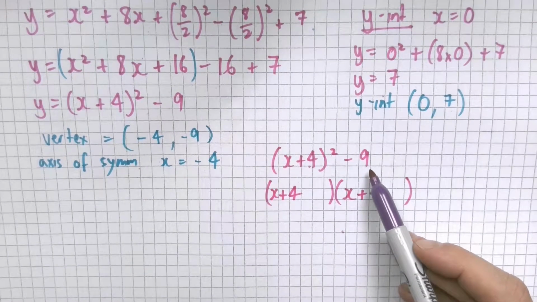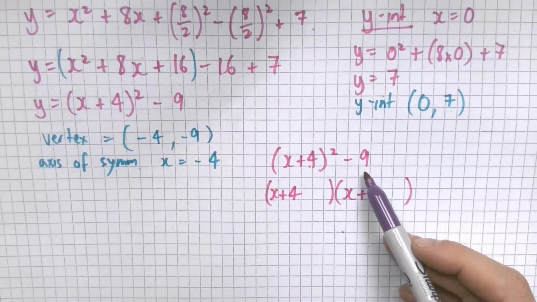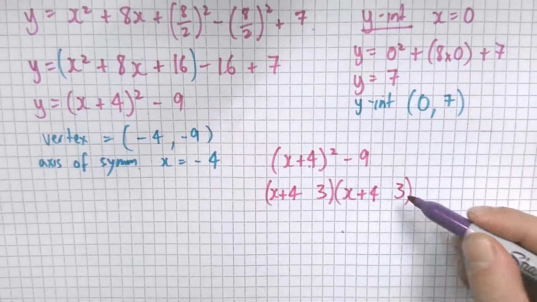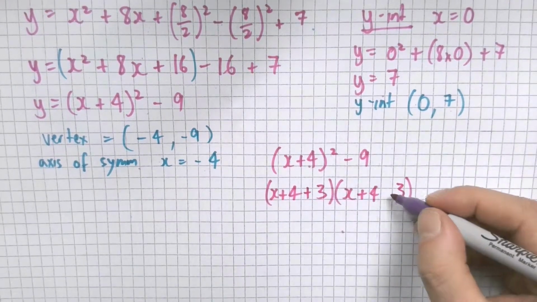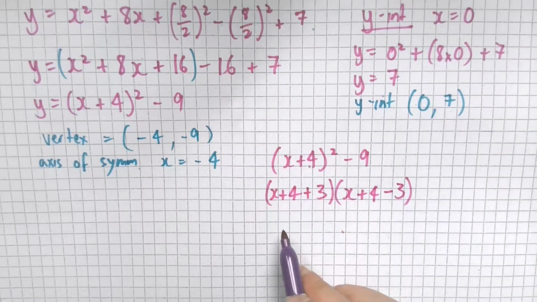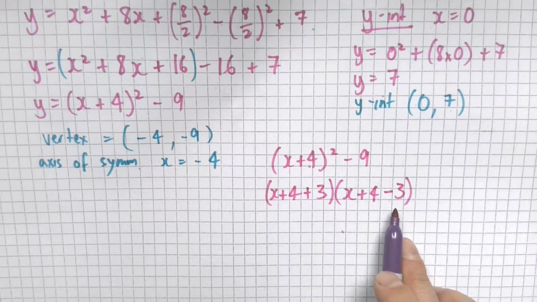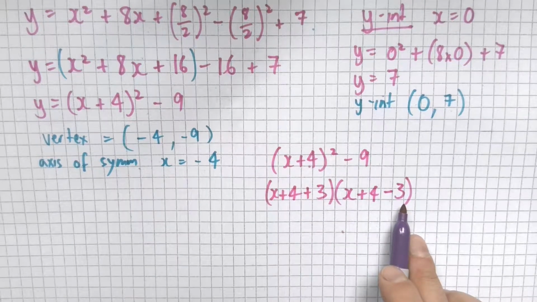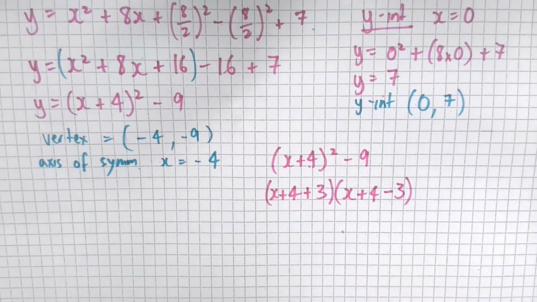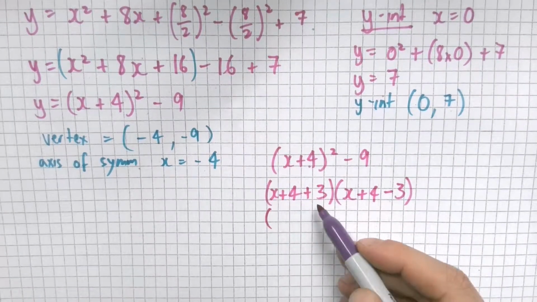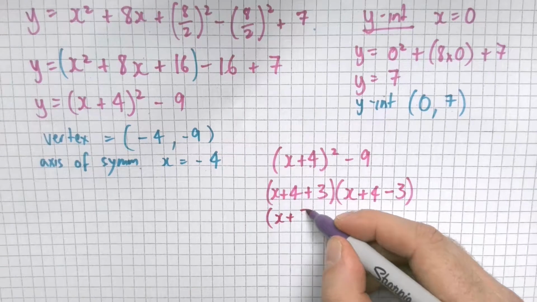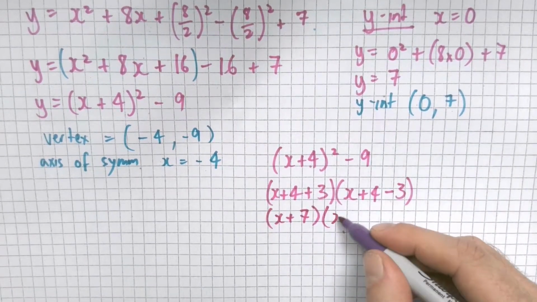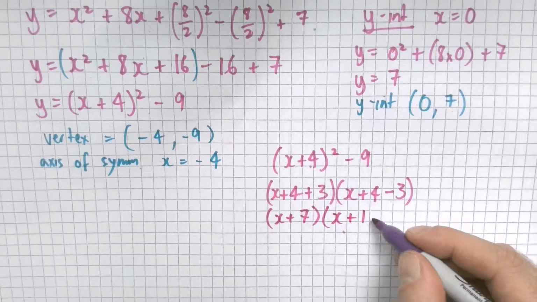The square root of 9 is 3, so that goes at the back end of the brackets, separated by a plus and a subtraction sign. Now inside these brackets we've got some like terms. 4 and 3, and 4 and minus 3 are constant terms, so we can collect those. So x plus 4 plus 3 becomes x plus 7, and x plus 4 take 3 becomes x plus 1.